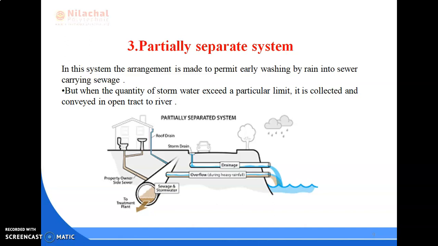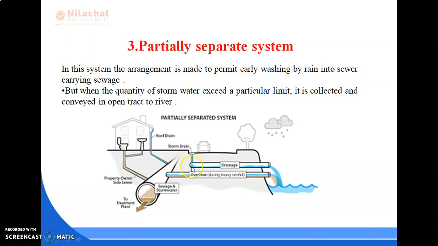In this system, arrangement is made to permit early washing by rain into the sewer carrying sewage. But when the quantity of stormwater exceeds a particular limit, it is collected and conveyed in open track to river. So this is the figure for partially separate system.